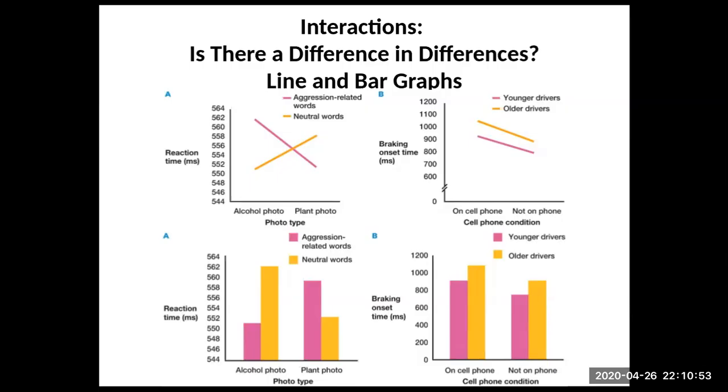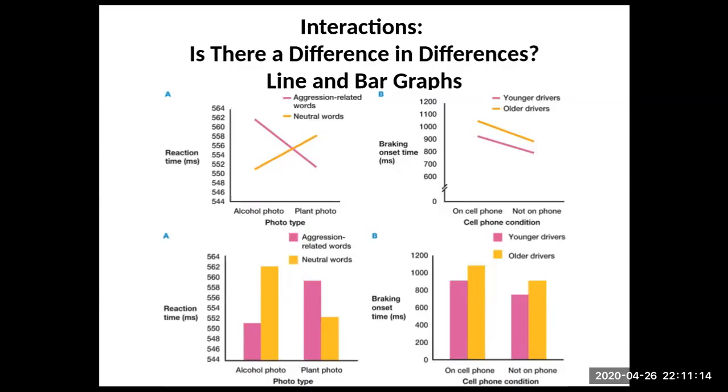No interaction. Now here we see on a cell phone, it's different, but the pink is slightly smaller than the yellow, and not on the cell phone, same thing, but a little less, the pink is slightly smaller than the yellow. So I guess that would be no interaction, but you look up top with the lines, boom, no interaction. It's very easy to spot.